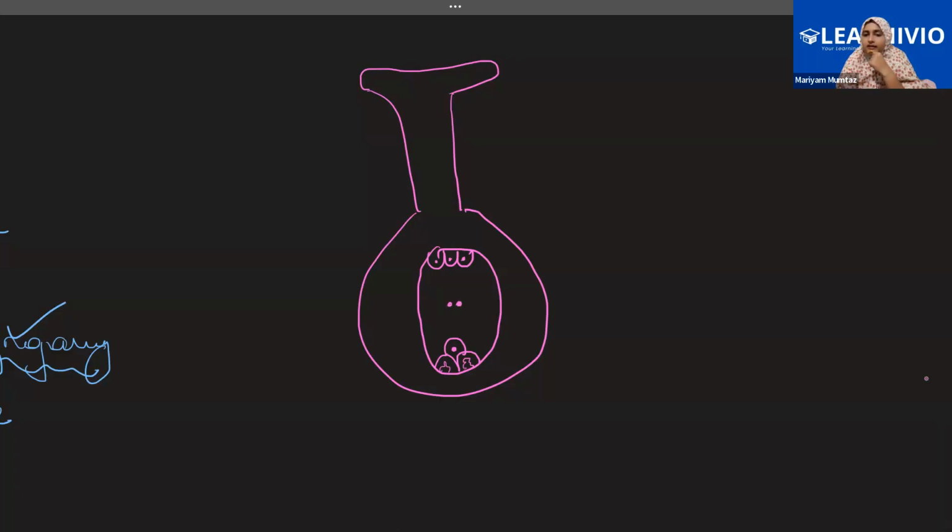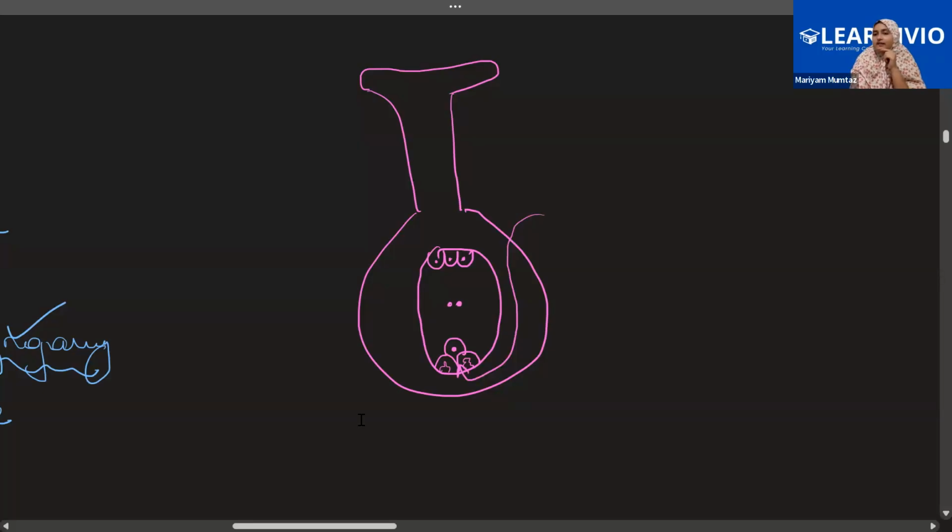Now, we saw that either the pollen tube will enter through the micropyle, through the chalazal side, or through the integuments. No matter whichever way it is entering, ultimately it will have to reach the synergids, so that one of the male gametes can fuse with the egg cell.